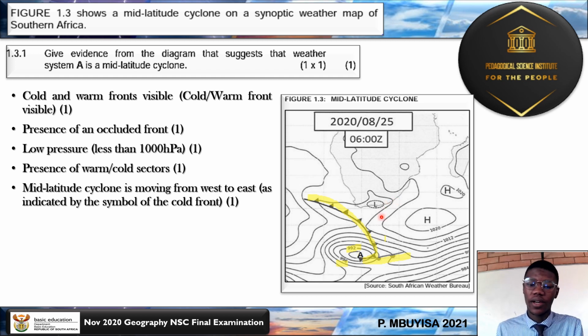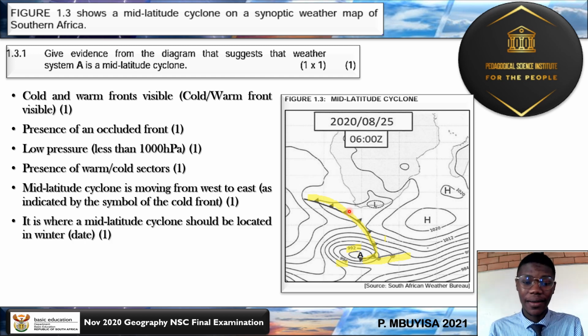And remember, the occlusion that is taking place there is cold front occlusion, simply because the cold front is catching up with the warm front, and as a result you will have your system being a mid-latitude cyclone. So those are pieces of evidence that you can visibly identify from the diagram.